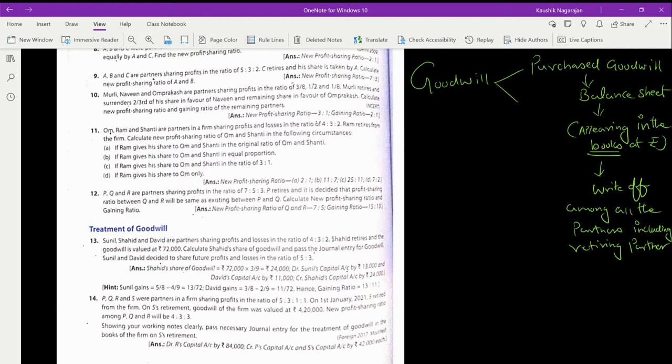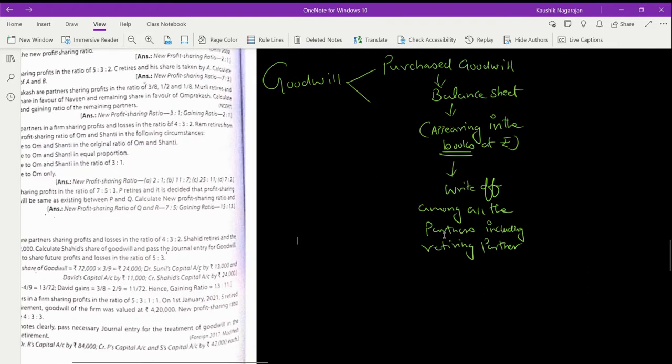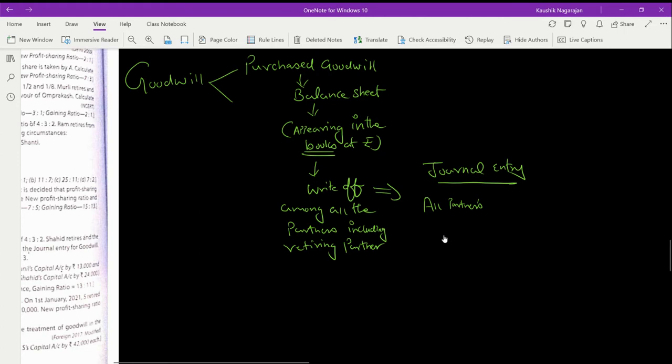And the journal entry to write off the goodwill is as follows. Basically goodwill is an asset which will be debited, but when we are going to write off, all partners' capital or current accounts are debited to goodwill account.